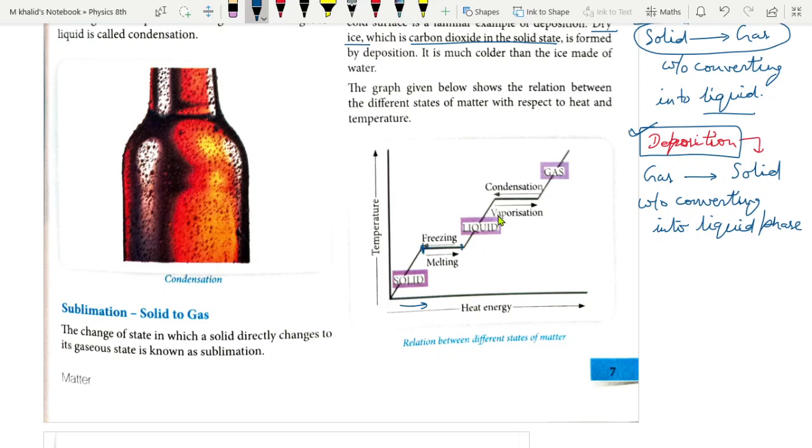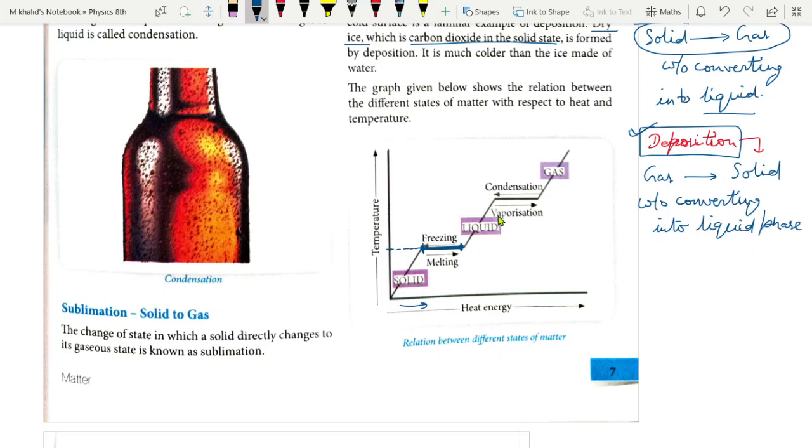Look here, this is a straight line. That means at this point the temperature is constant, but the heat is continuously increasing. Till it completely converts into liquid, its temperature will not change.